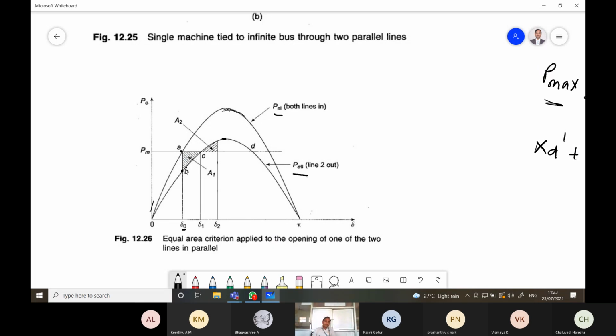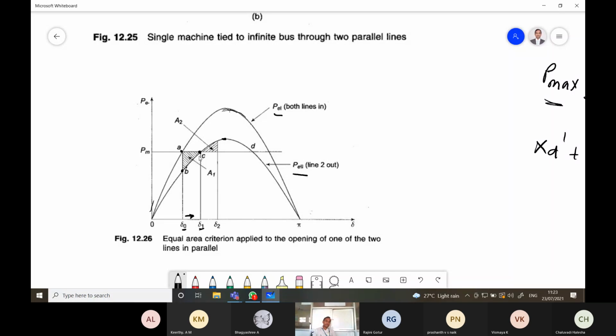Now it starts increasing. The delta is increasing up to delta 1. So your point is shifted from point B to point C as the rotor angle increases. When the rotor angle increases, your mechanical power is also going to increase.